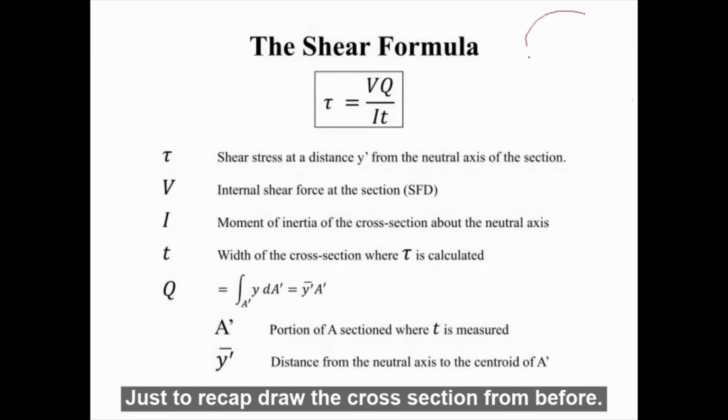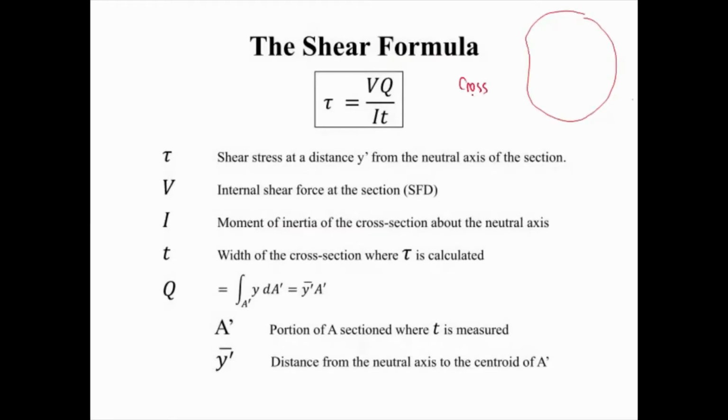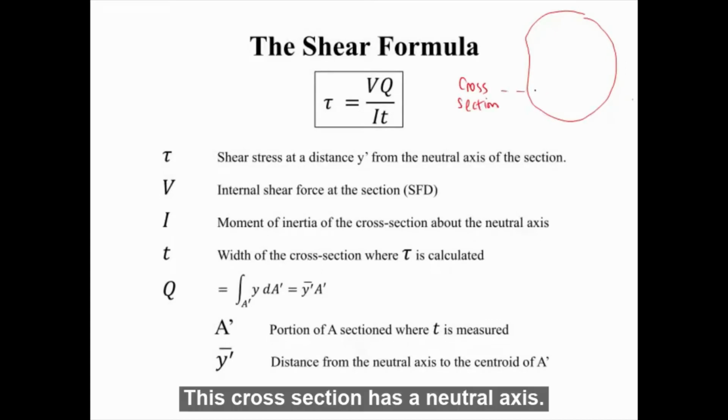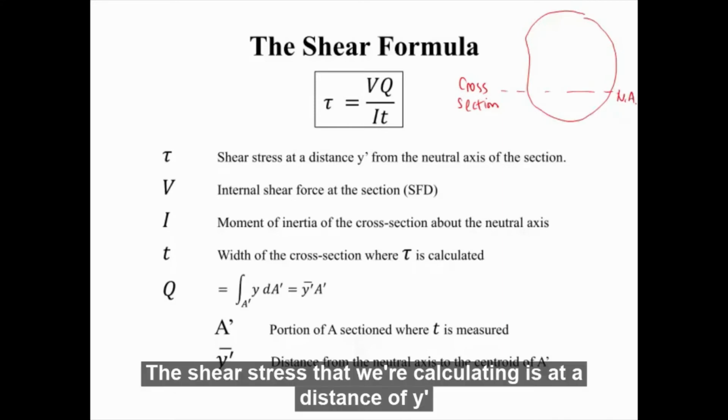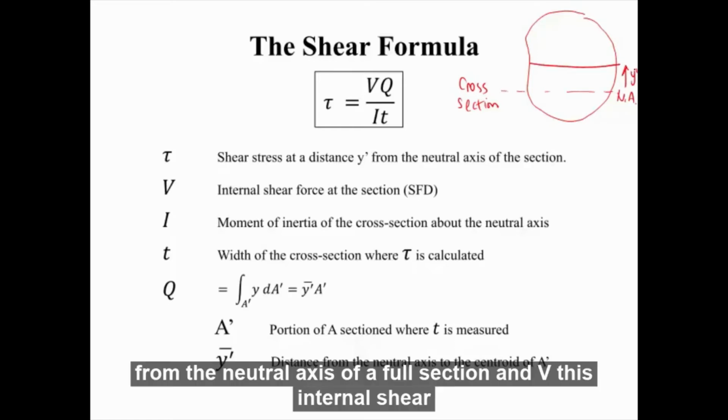Just to recap, if we draw the cross section from before, this cross section has a neutral axis. The shear stress that we're calculating is at a distance of y prime from the neutral axis of the full section.